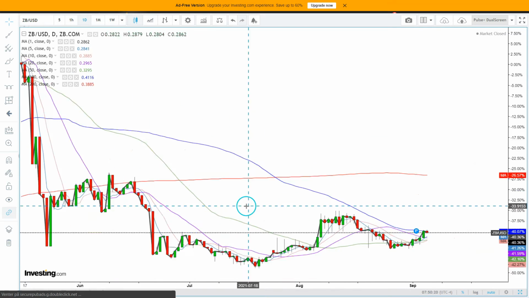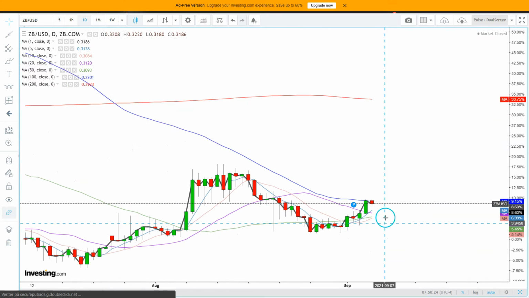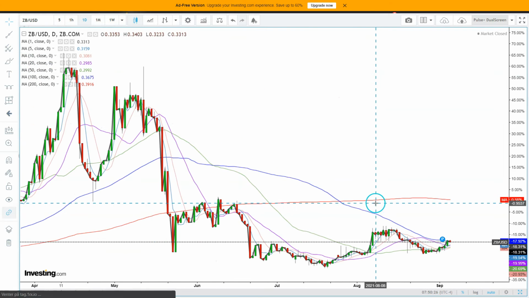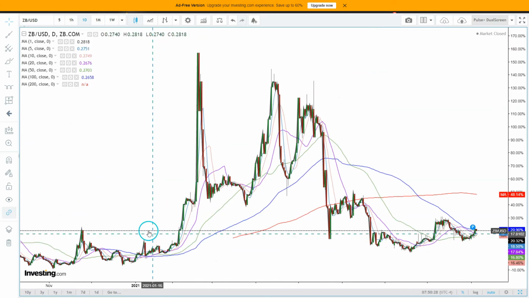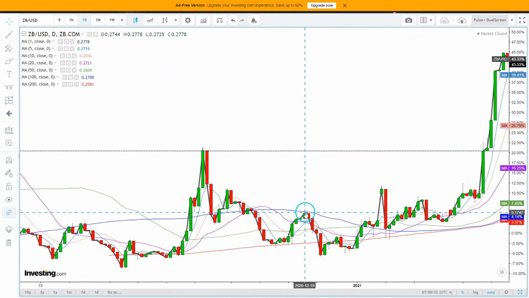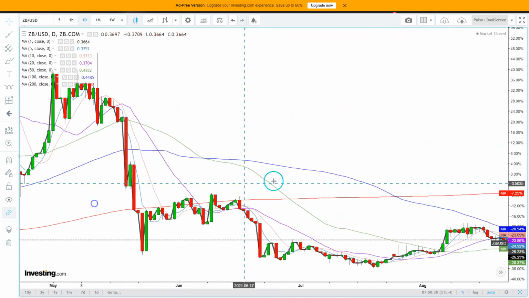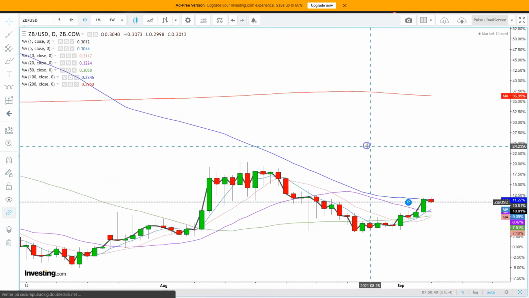So if you look a bit more closely at the chart, we do have a very key moving average in play at this point, and that is this blue 100-day moving average. If we zoom back here, you see it was clear resistance, became support, boom, support, and now it is functioning as resistance.